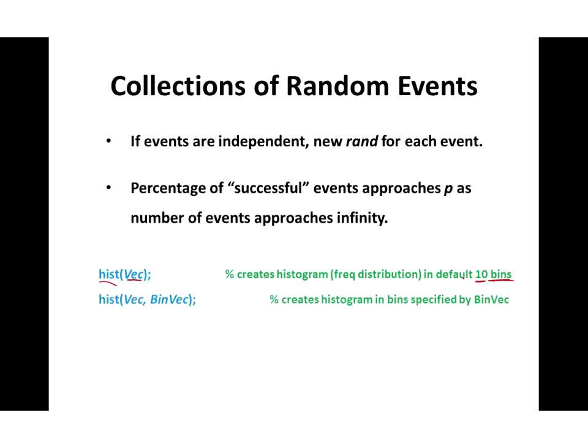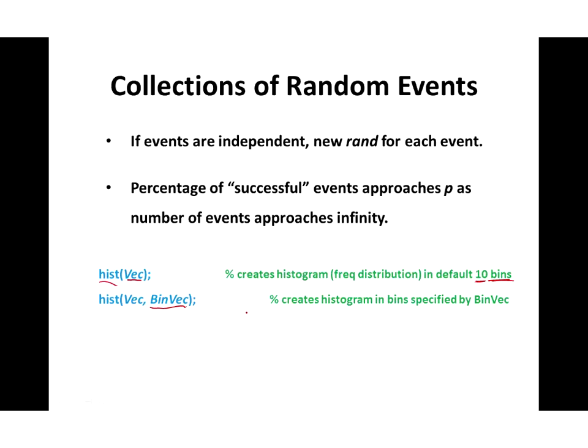However, if you would prefer different bins than the default 10 bins that MATLAB specifies, you can do so with a second optional input argument, where here binvec is just some vector that specifies what the bin values are going to be. So if I just wanted 2 bins, I might say 0.5 and 1, whatever the case may be, to specify what those bin values are going to be.